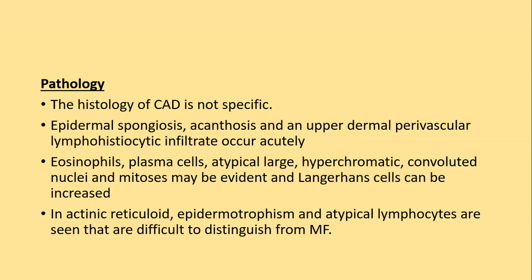In actinic reticuloid, there is epidermotropism and atypical lymphocytes, and hence it is difficult to differentiate it from mycosis fungoides. The only clue here will be solar elastosis that would be seen in the upper dermis. So the changes in chronic actinic dermatitis range from changes of chronic eczema to changes of T-cell lymphoma.